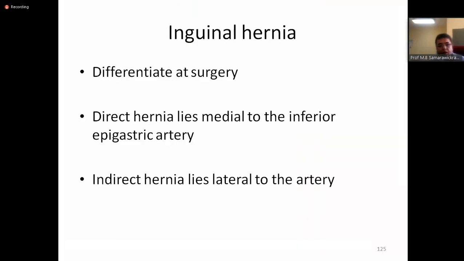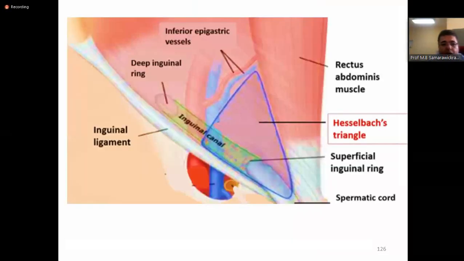So at surgery you can differentiate, because this is called Hesselbach's triangle, demarcated by the conjoint tendon, then the inguinal ligament and the inferior epigastric artery, right? So within this triangle you get the direct inguinal hernia.